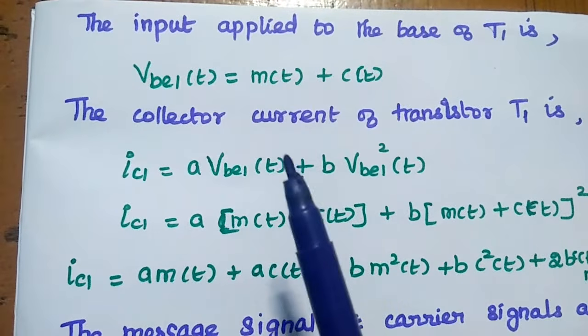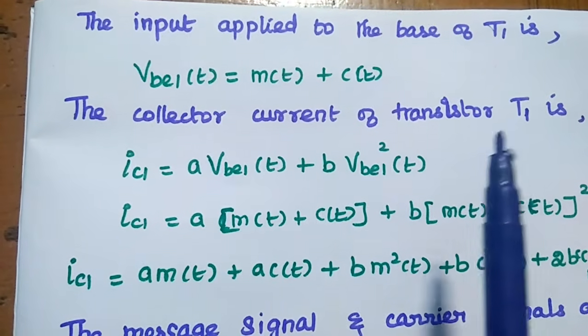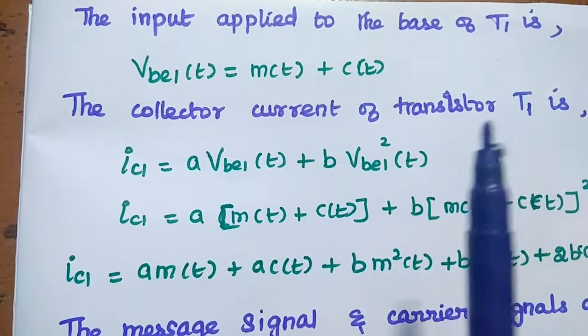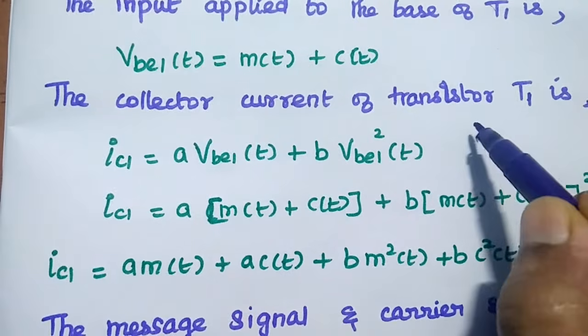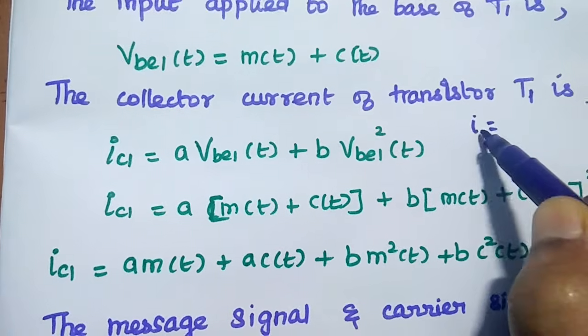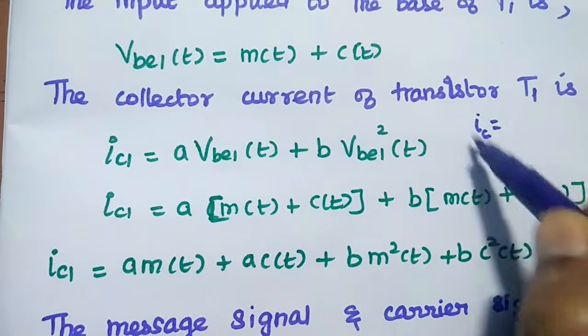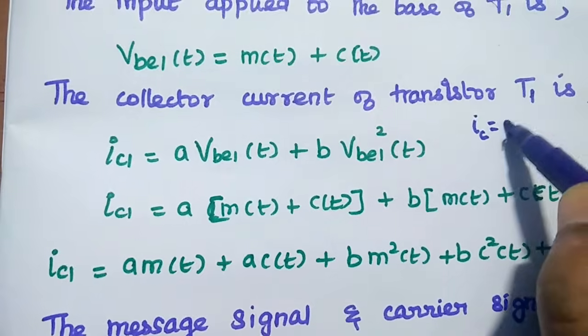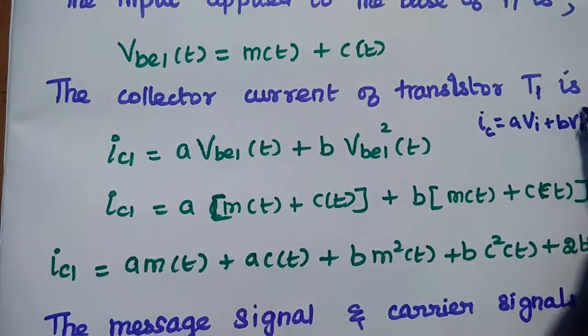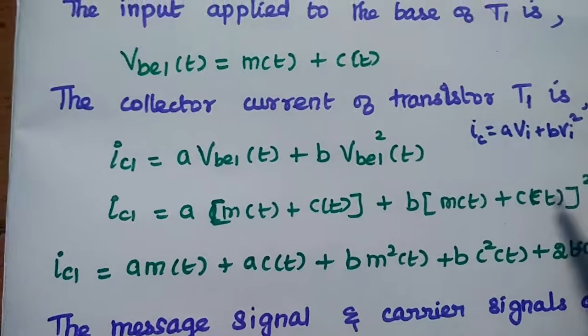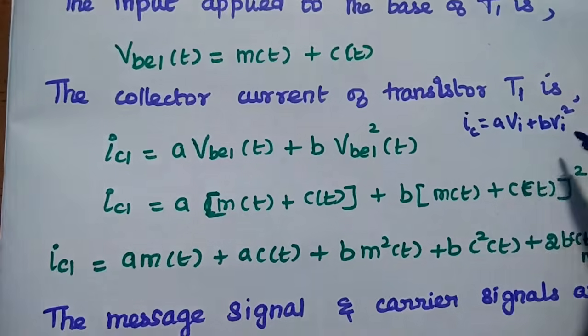The collector current of the transistor depends on the nonlinearity property of the transistor. What is the nonlinearity property of the transistor? The output current, that is collector current, is equal to A into input voltage plus B into input voltage squared. So this is the nonlinearity property of the transistor.